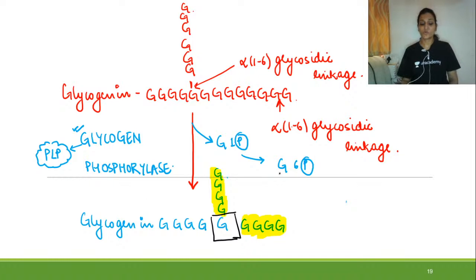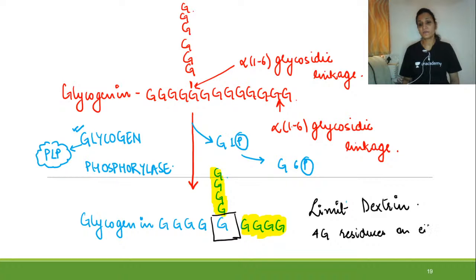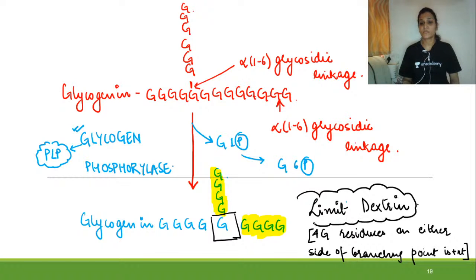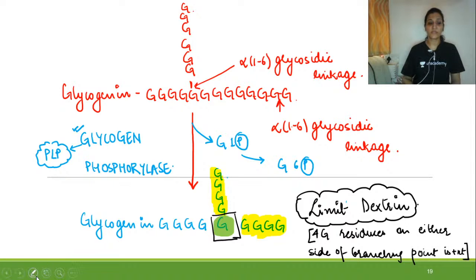So let us write: whenever four glucose residues on either side of the branching point are present, it is called limit dextrin.